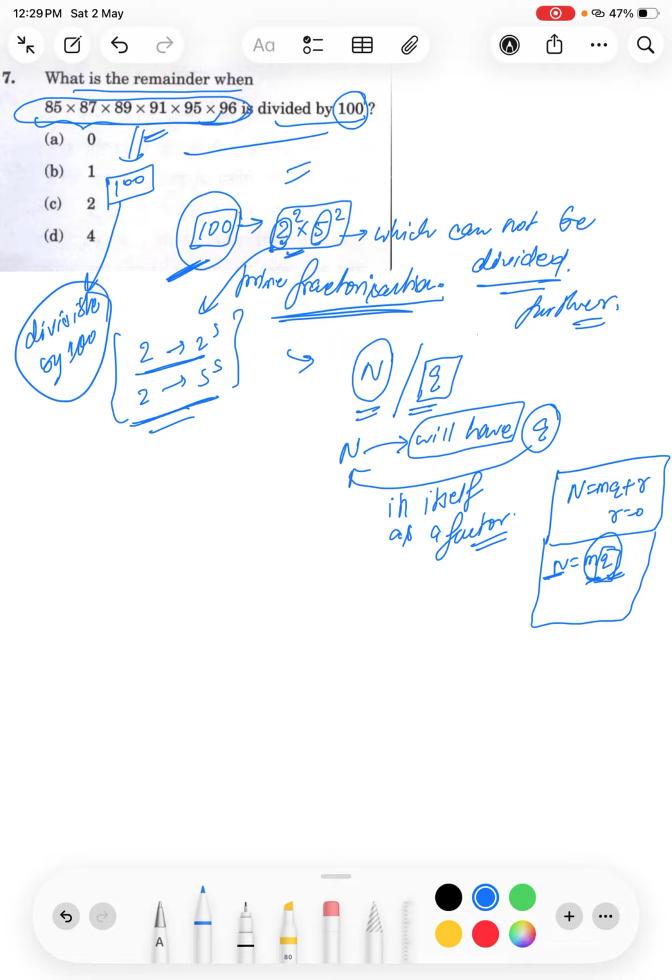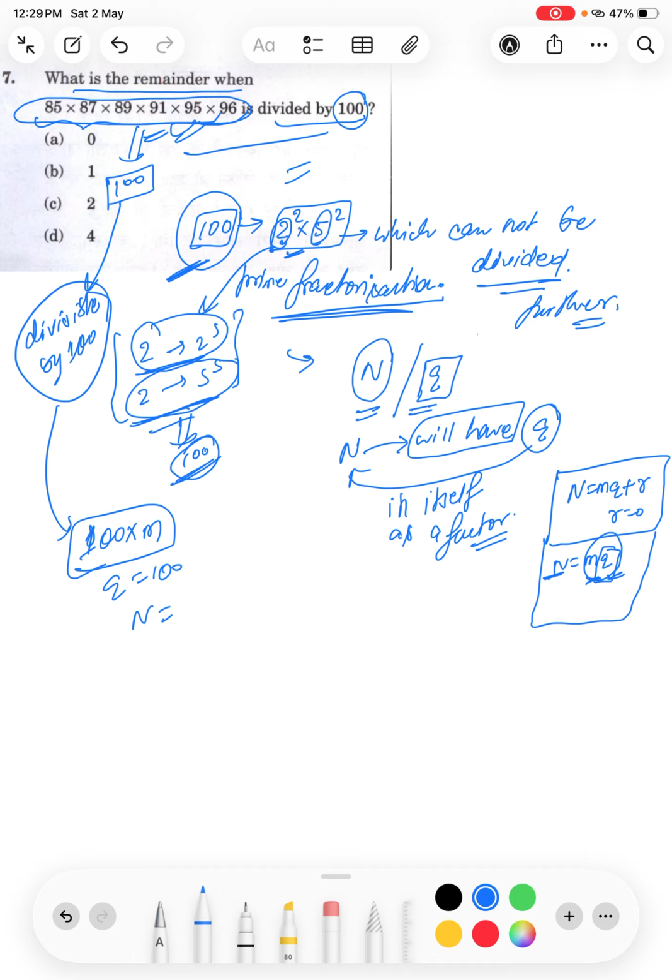These two 2's and two 5's after multiplication will make 100. So if we can find at least two 2's and at least two 5's in this expression, it means that 100 is there in this expression as a factor. 100 times some M. Q is equal to 100 and N is equal to that big expression, 85, 87, 89, 91, 95 and 96.